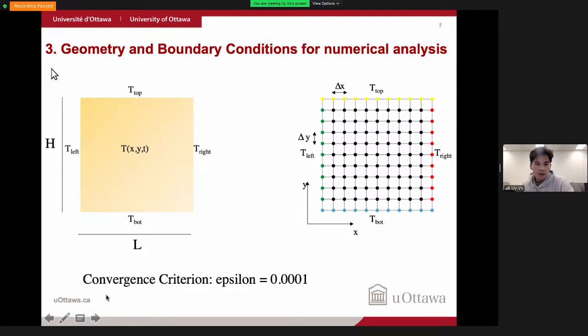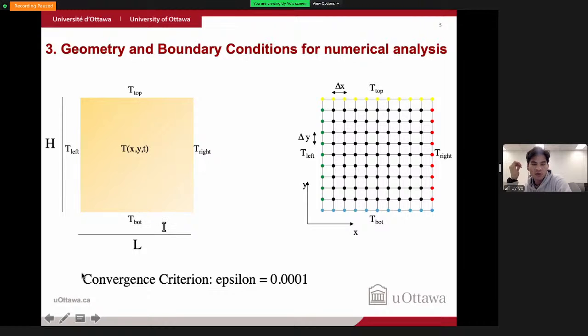And the convergence criterion here I chose to be 0.0001. It will depend. You can choose whether it will be 0.5, or any value you want to. The point is, this convergence criterion will decide when your transient state will become steady state.